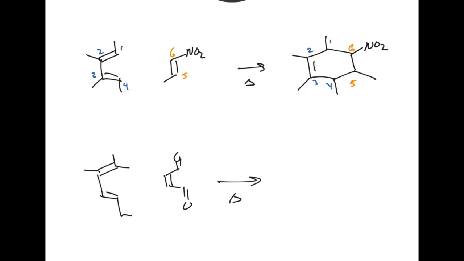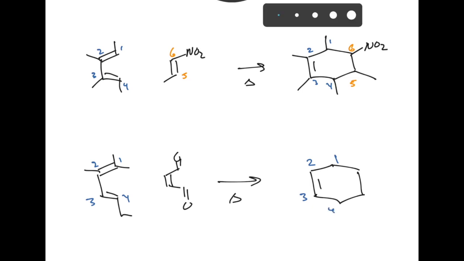Okay, same thing down here on the next one. Diene, dienophile, some heat. You know you're doing a Diels Alder reaction. All right, so carbon 1 has 2 methyl groups on it, so we need to have 2 methyl groups on carbon 1 in the product.